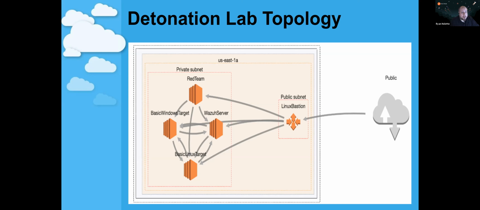The real bread and butter comes from the Red Team instance in there, which is pre-configured with a bunch of attacks that are pretty benign, but will set off things like GuardDuty and IPSs and other common tooling. So if you run this in your environment, you are going to set off alerts, right?